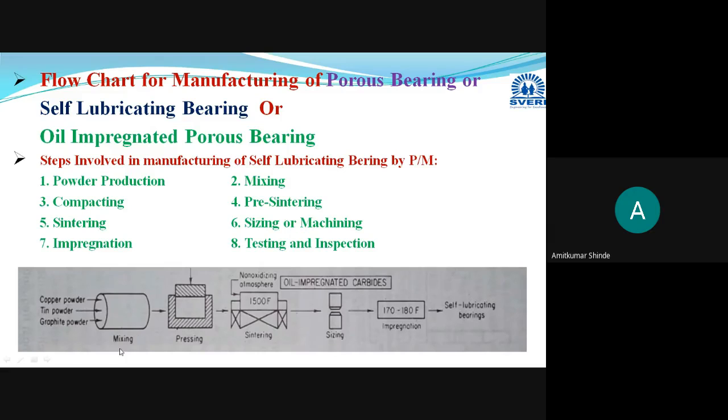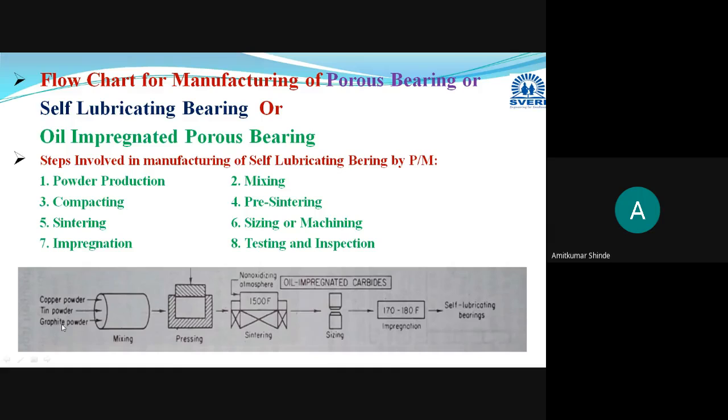In the next stage, this is the mixing. Just draw one drum-like structure, and here mention copper, tin, and graphite powder. In this mixing stage we are going to obtain a uniform and homogeneous mixture of copper, tin, and graphite powder. Now you have to explain why this graphite is added.